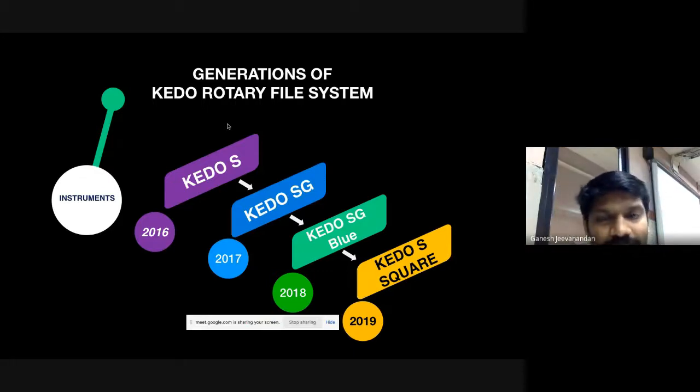In 2019, we overcame all the disadvantages of Kido S, SG and SG Blue and launched the fourth generation file, Kido S Square. So there are four generations: Kido S the first, Kido SG the second, Kido SG Blue the third, and Kido S Square the fourth. You understand this point.